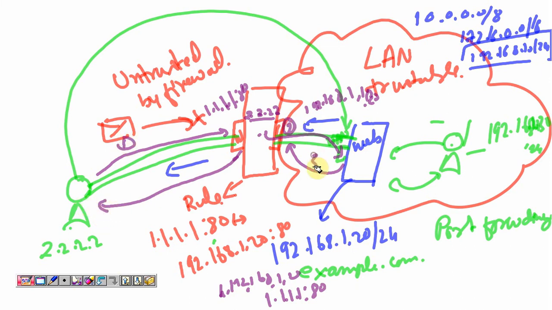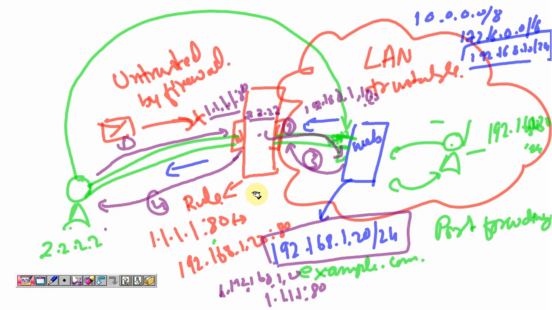This is the third and this is the fourth step. So the end user never comes to know the original IP address of your server, which is hosted within your network. He always sees that he sends the request to the public IP 1.1.1.1 and gets the response from that IP.